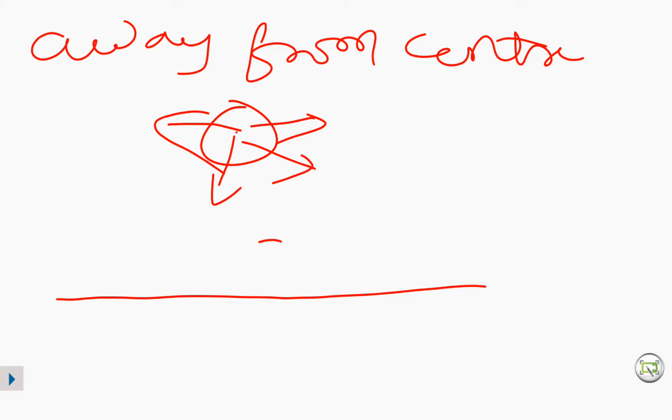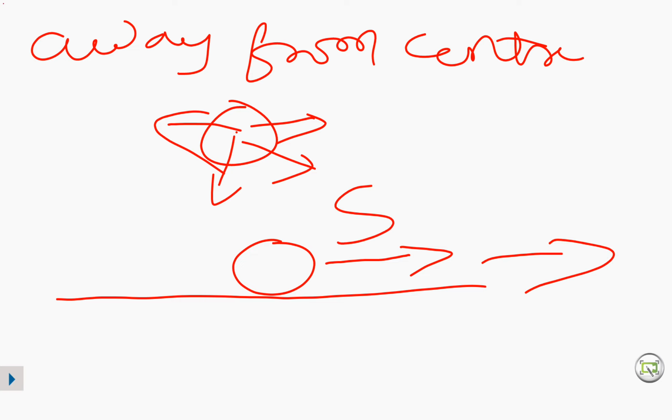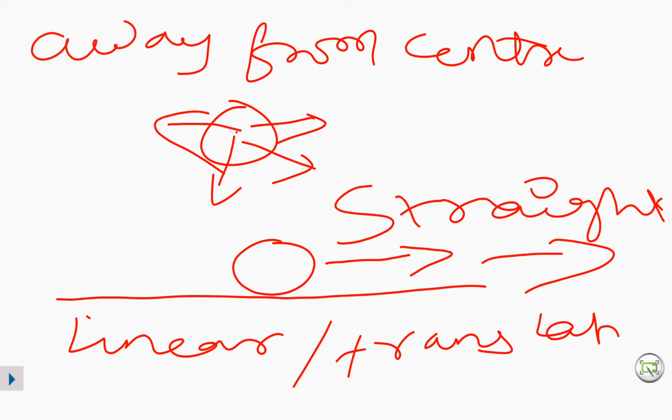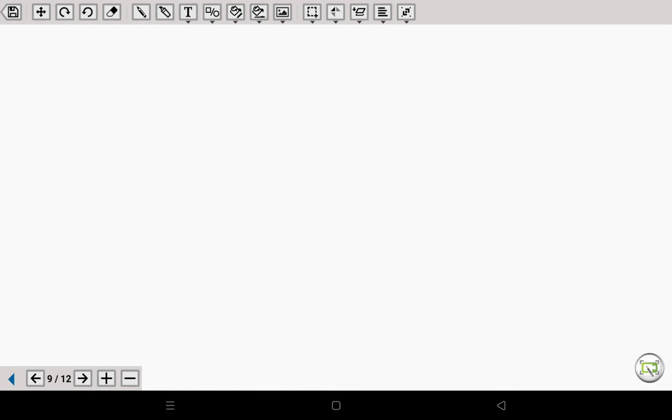If a ball or an object moves in a linear straight path, and the keyword is a straight path, then it is said to be in linear or translational motion. So if an object moves in a straight path, it is known as linear or translational motion.